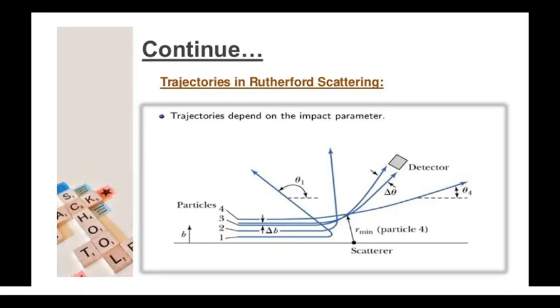So this figure will help you identify that as b is increasing, theta will be decreasing. See, this is the original direction, and b for the first alpha particle is this distance, isn't it? But the angle of scattering theta 1 is greater. So smaller b means greater scattering angle, and we will find the equation connecting impact parameter and scattering angle.